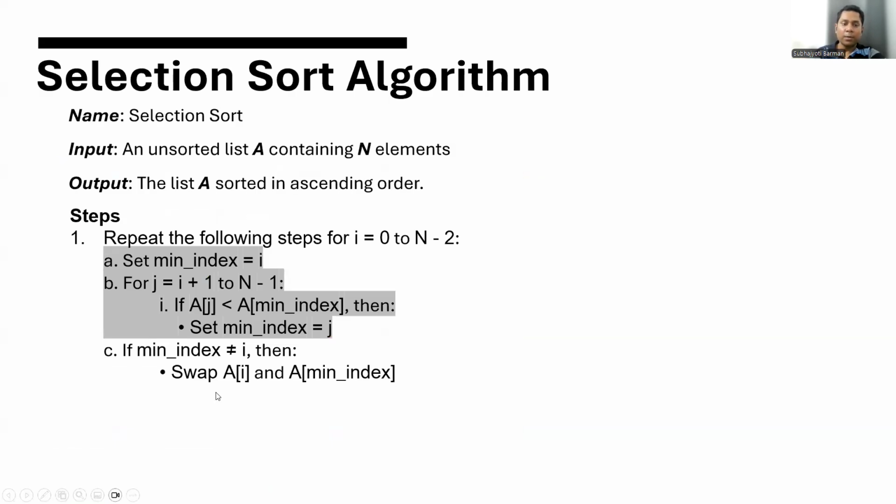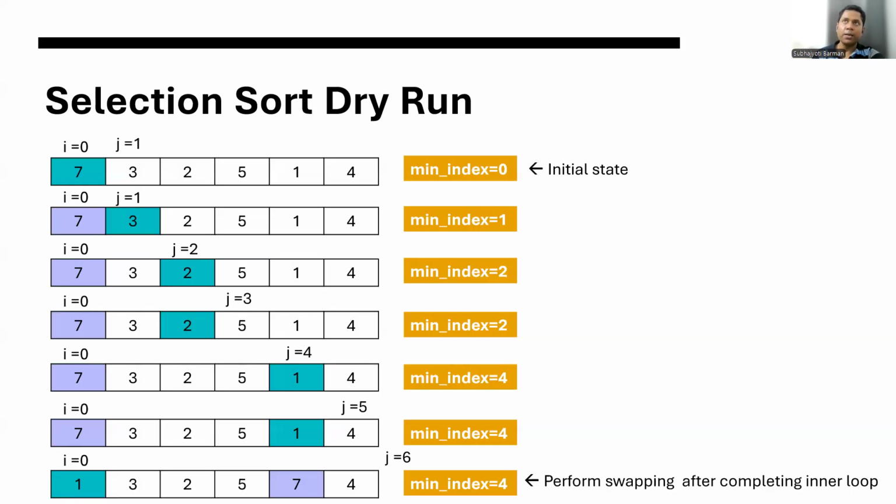And if my min index and i are the same, in that case, no swapping is required. Let's say in a particular iteration, a particular element is already in its correct position. In that case, swapping is not required. So in the worst case, we have to perform n minus 1 swapping operations.